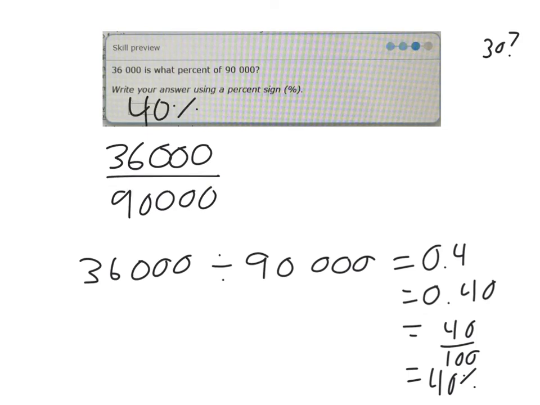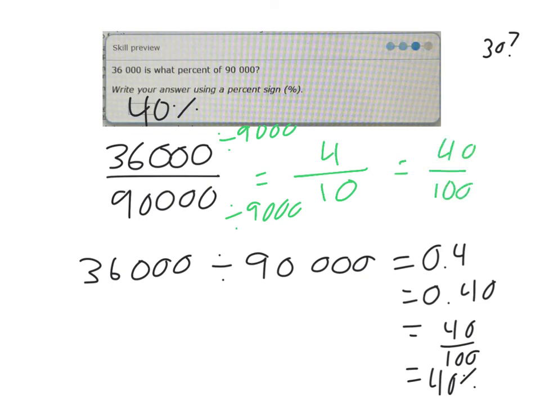Having seen that answer, now I'm thinking, and I'm impressed if you noticed this before, hey, both can be divided by 9,000. 90,000 divided by 9,000 is 10. 36,000 divided by 9,000 is 4. So it equals 4/10, which is the same as 40 hundredths, which gives us our 40%.